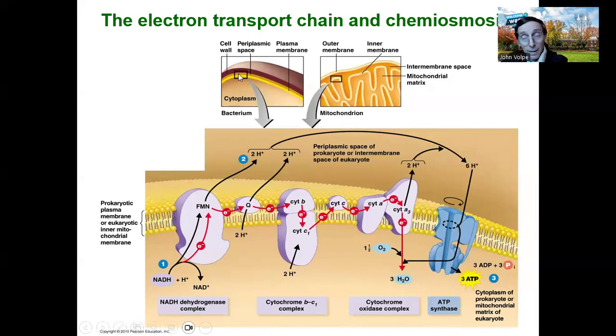Now, in a eukaryote, the hydrogen ions are pumped from this side of the membrane to that side of the membrane. And so these hydrogen ions are in between the inner membrane and the outer membrane. And that will protect the cell from hydrogen ions. Any question about any of that?